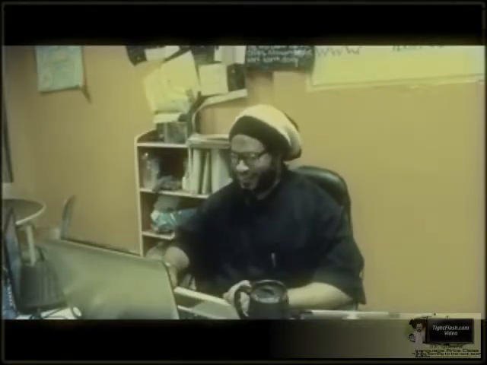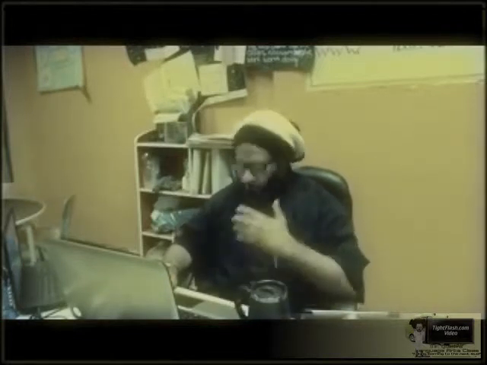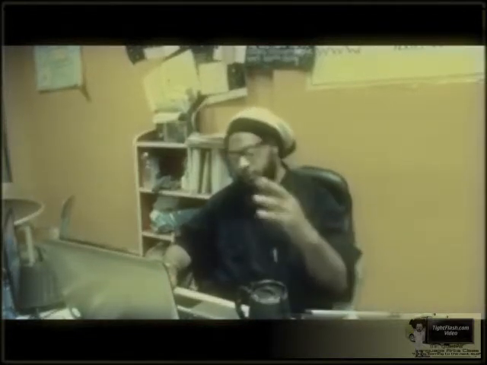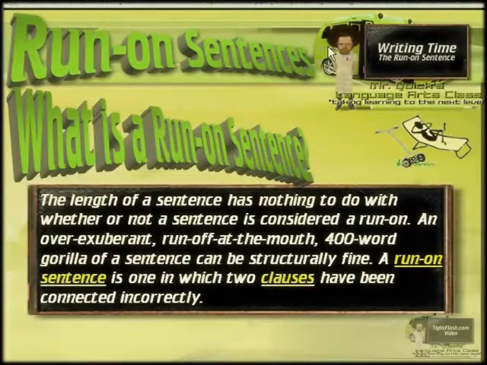Okay, how to avoid comma splices and run-on sentences. All right. The first one that we need to know, of course, is the run-on sentence. It is probably the most common among the errors, and the easiest to correct. That's simply when we're trying to take two independent clauses and put them together with nothing.